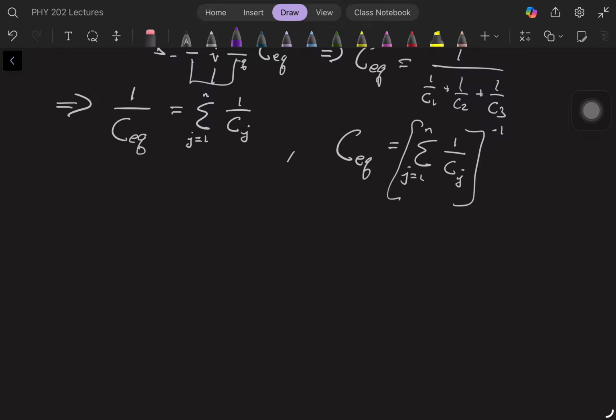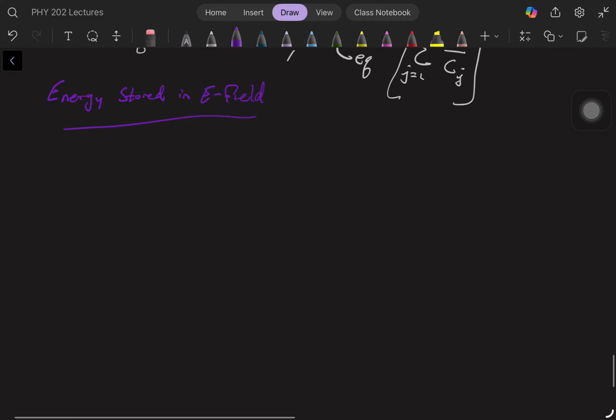Okay, and then let's just wrap up with the energy stored in an electric field. The textbook goes through some integrations to get to these. I don't think it's exceptionally helpful to do that at this level. So we're just going to go straight to the equations.